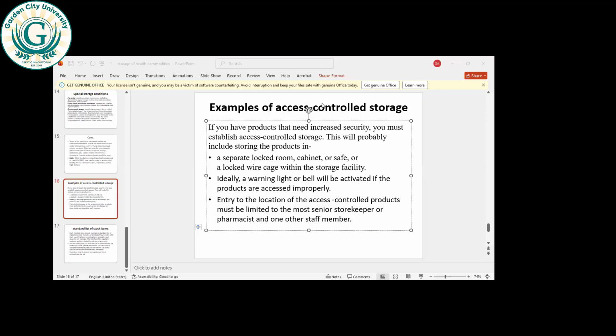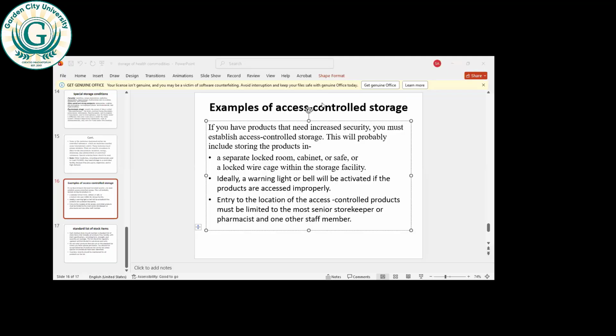Items of high value, items that are sold on the black market. Normally they get a high price for it, and so they are always controlled. You don't give access to anybody, so you need to find an appropriate storage zone to keep those items.